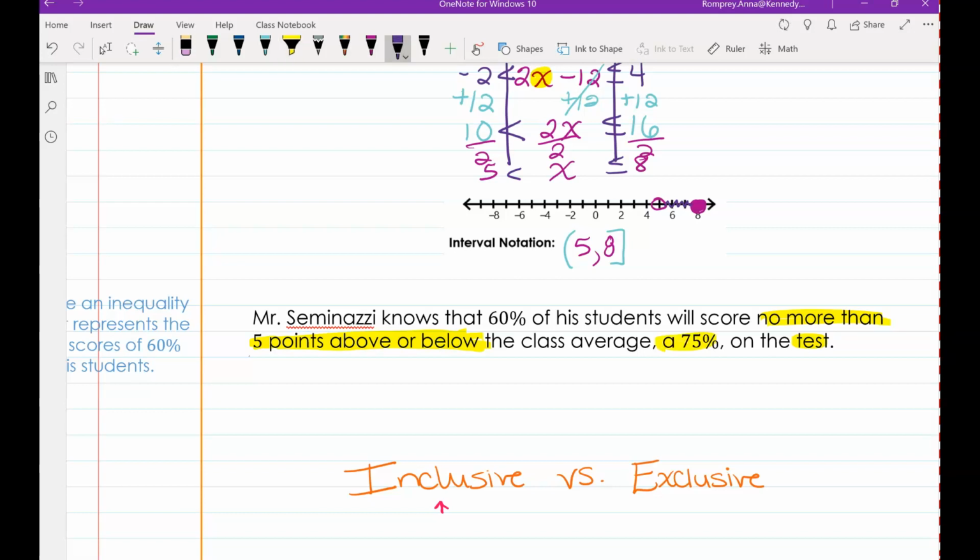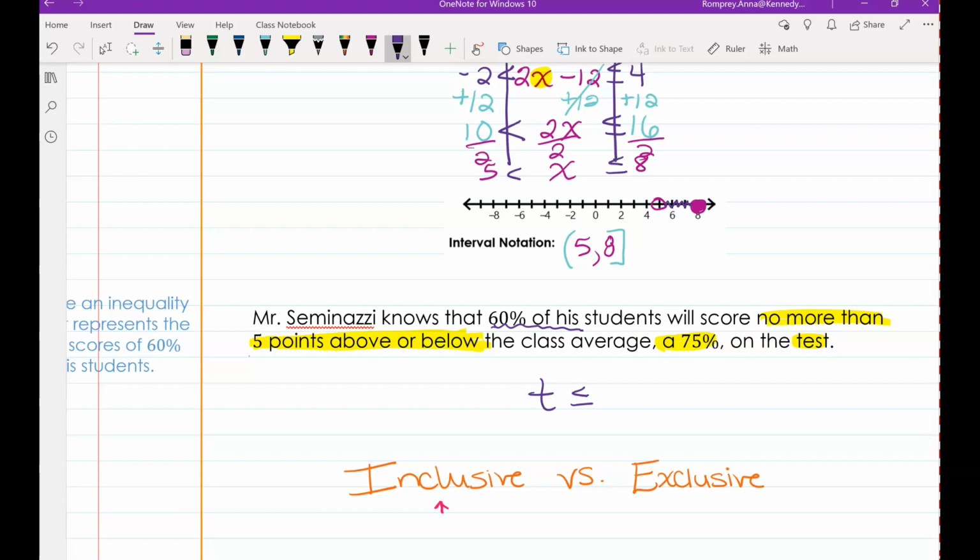All right, so we're talking about a test, right? So no more than 5 points above or below the average. All right, let's think about this. So T is less than or equal to, so what's the maximum score of the 60% that the students can score?